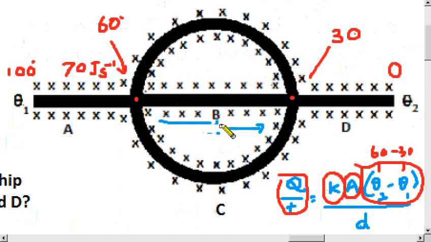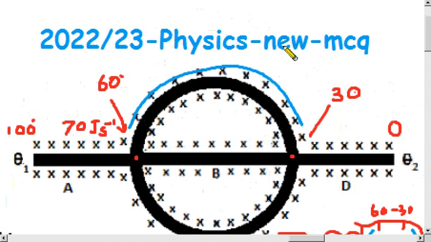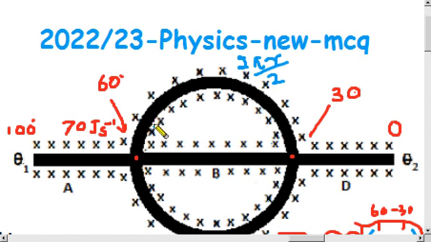So let us compare the lengths. If the radius is R, what is this length? 2 pi r, the circle is 2 pi r. Here, then 2 pi r divided by 2, because half circle, semicircle.